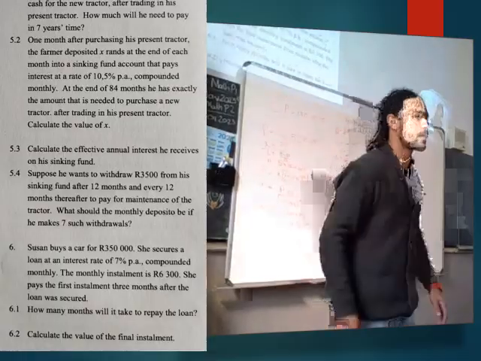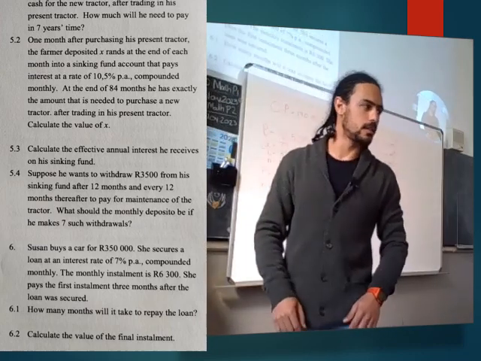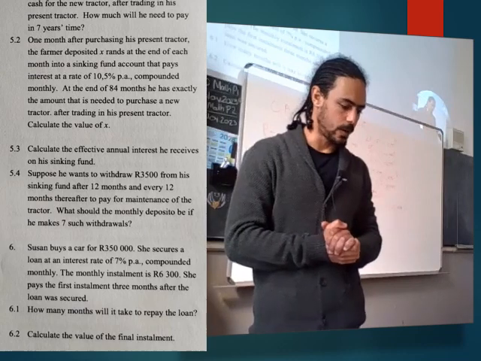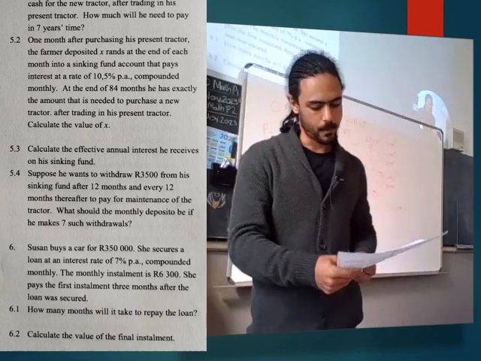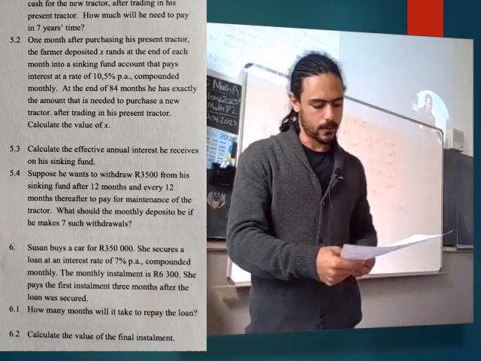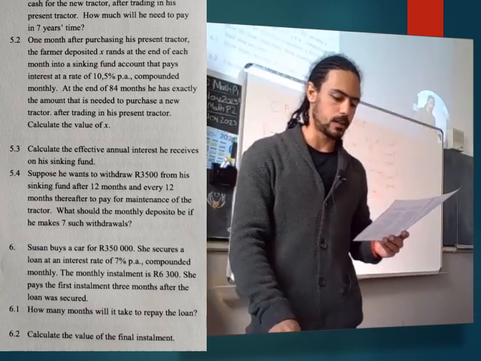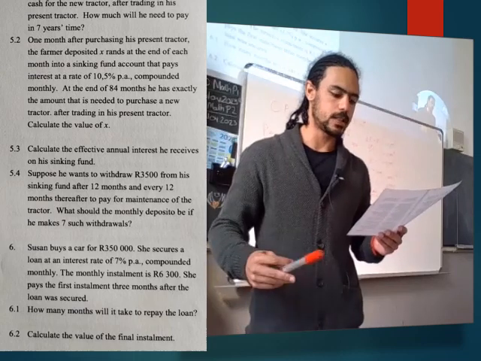Right, in the meantime, Sapasle has provided us with the answer in the comment section below. And then we are moving on to question number 5.3. They ask us now to calculate the effective annual interest he receives on his sinking fund.